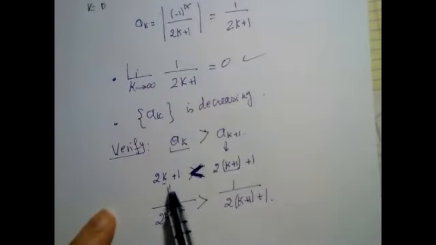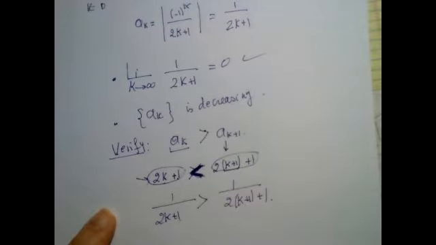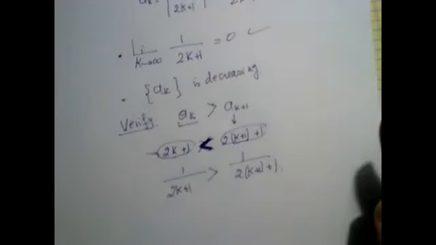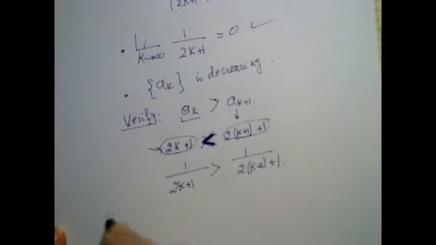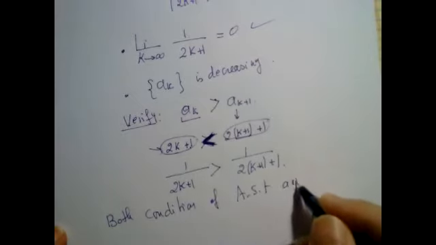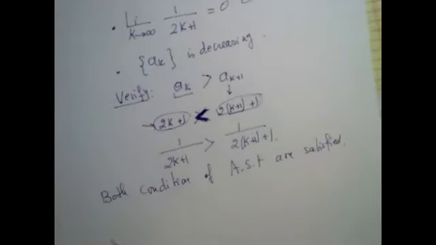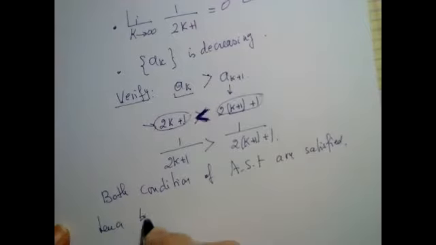And in ak, the denominator involved is 2k plus 1. So the denominator here is less than the denominator in the expression of ak plus 1. So when we flip them, that's what we have. So now, both conditions of the alternating series test are satisfied. Hence, by the alternating series test, the series converges.